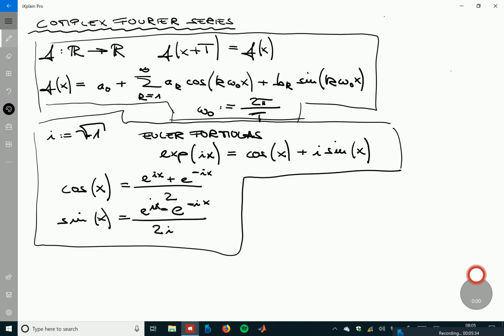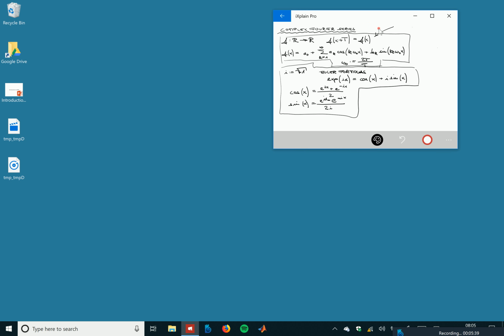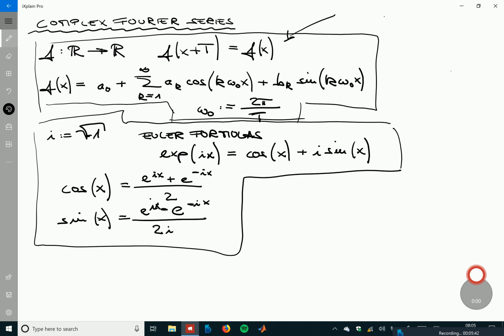this T refers to this function, this arbitrary function, so it's not a cosine or a sine. Let's say it's some very weird function, and it has this period T. What used to be put in here was cosine of 2 pi k divided by T times x.